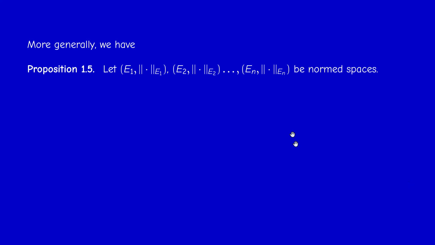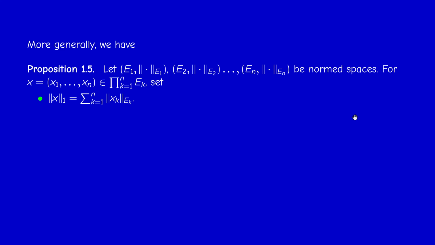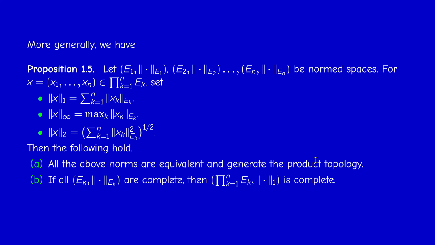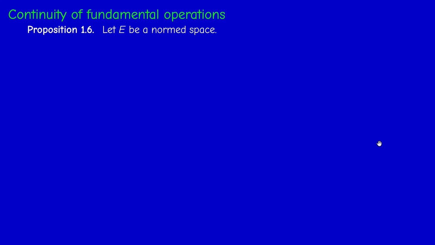And more generally, if you have an arbitrary but finite number of normed spaces, we can define their Cartesian product, with the one norm which is the sum of the norms of each component, the maximum, and the Euclidean norm. And once again, all these norms are equivalent, they generate the product topology, and if all of them are complete, their product is complete with respect to any of these norms.